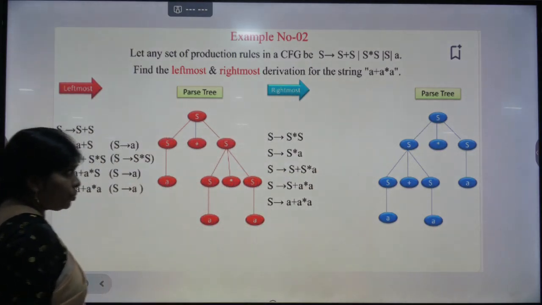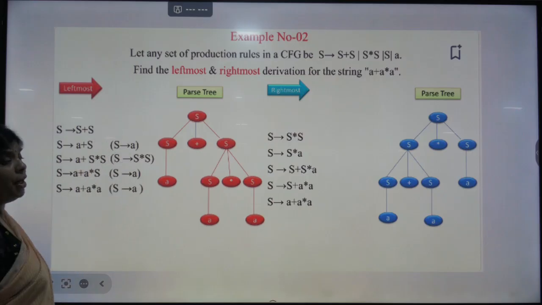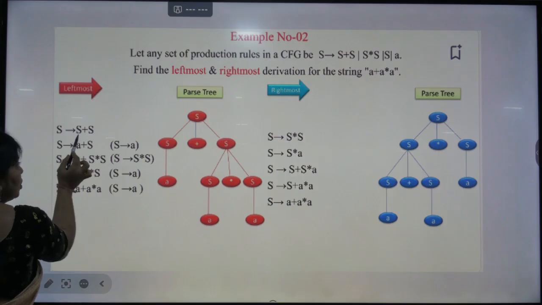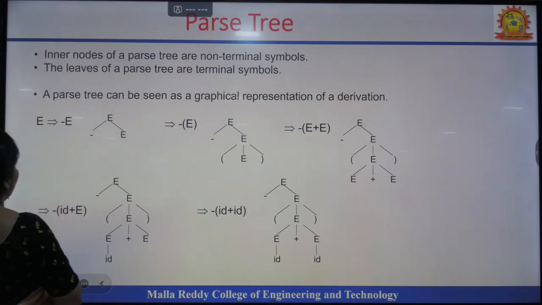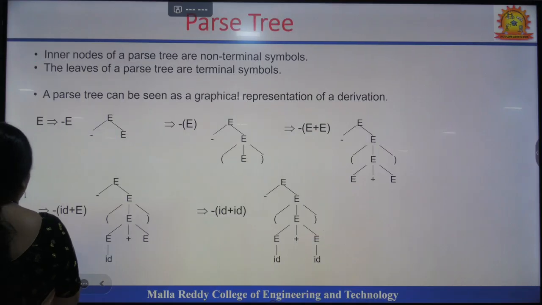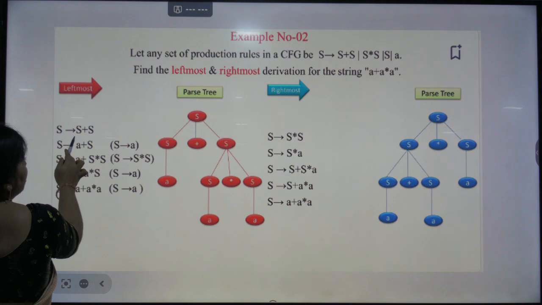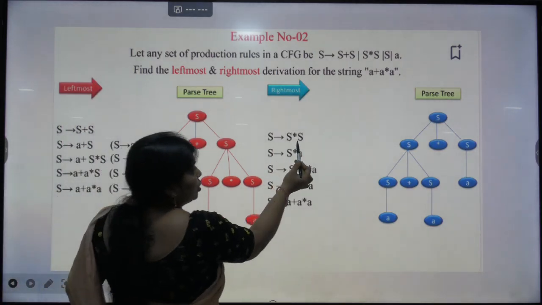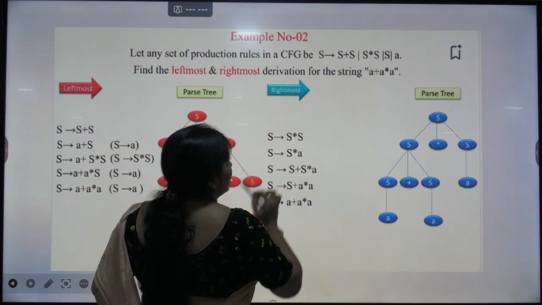So from that context free grammar we need to derive the string. While deriving the string, in the leftmost derivation, every time the leftmost non-terminal symbol has to be replaced with its production. Whereas in the rightmost derivation, always the rightmost non-terminal symbol has to be replaced with its production.